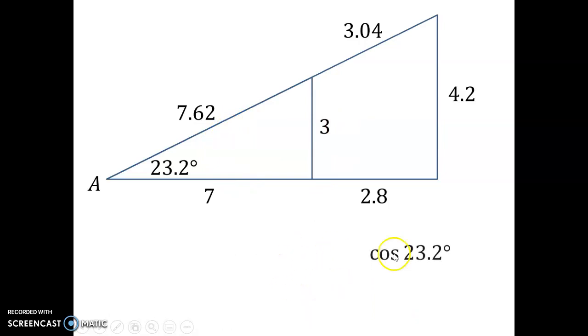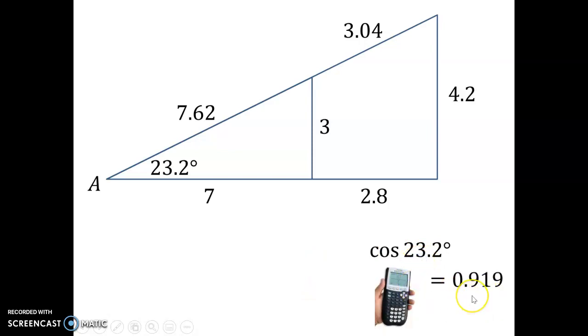Let's try that for cosine. Let's try cosine of 23.2. That should give you this value here. Double check you got that. Now let's do cosine in the small triangle. What sides are you going to divide to do cosine of this angle in the small triangle? Well, you're going to divide adjacent over hypotenuse. Great. Guess what? Same value. Now, set up a cosine equation for the big triangle.